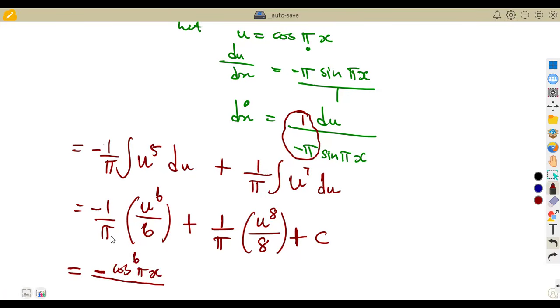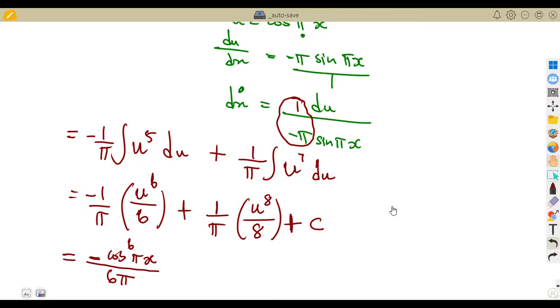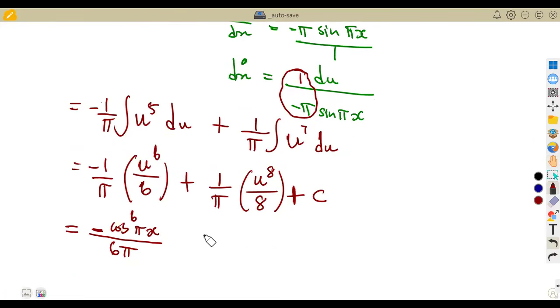Multiply the denominators together, pi and 6. This will be 6 pi. So you can just leave it like that. All right. The same thing: 1 times u to the exponent of 8 is u to the exponent of 8. But u is cos. So this will be plus cos to the exponent of 8 of pi x over 8 pi, just like the previous case here.